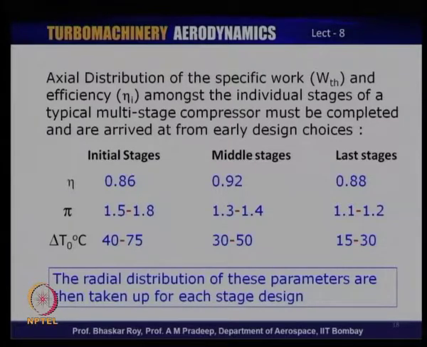In the middle stages, those problems do not exist. So, the efficiency is going to be very high, and in the later stages the blades are very small. As a result of the smallness, the three dimensionality of the flow impacts on the blade flow, and as a result efficiency again dips a little to somewhat lower values.